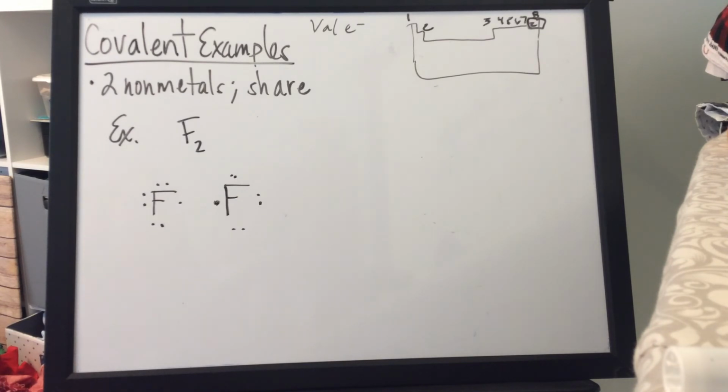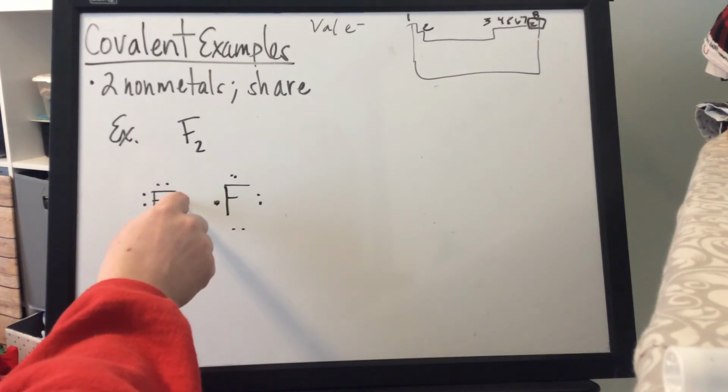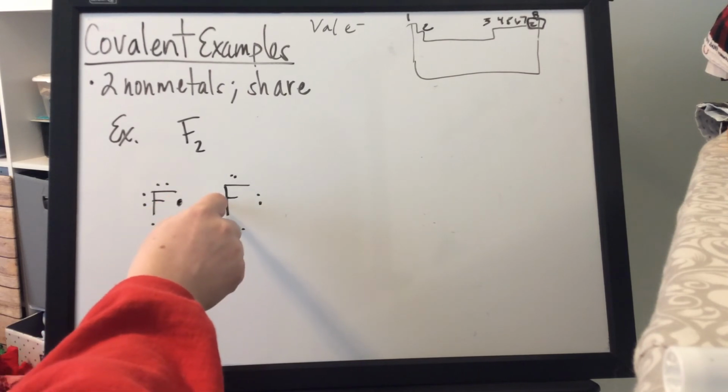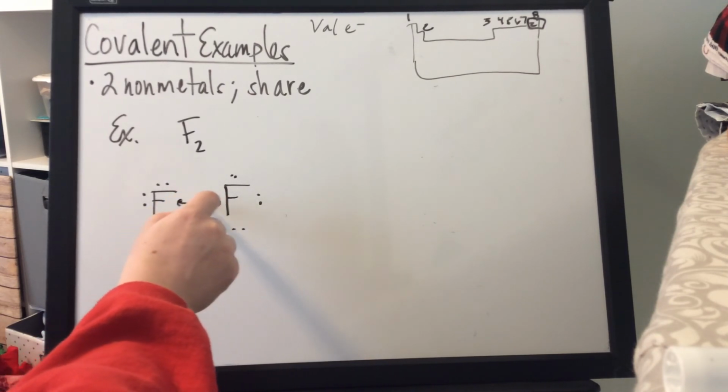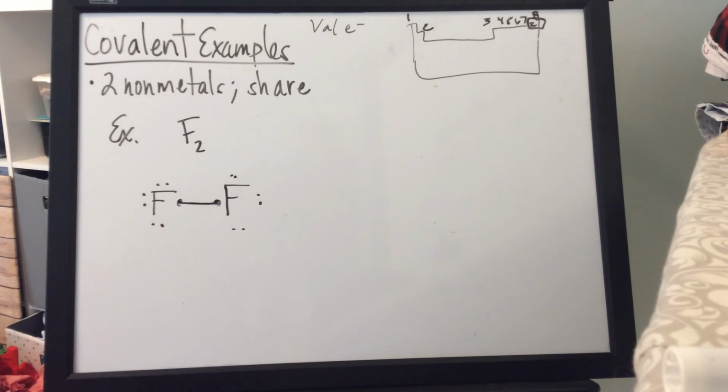This gets a little funny, and again, we're going to spend much more time on this, but what happens is the two fluorines get close together, and they say, what if I take this electron and this electron and connect them together, which is like a bond? And what if those two fluorines share those electrons? Now there's 2 of them, and each of those fluorines would both have access to those 2 electrons.